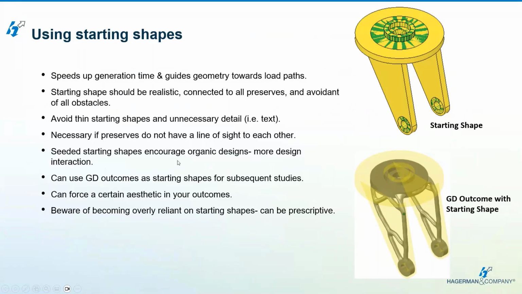And we can also use a starting shape. This is more like adding in a little bit of topology optimization, where I can say, okay, I have this legacy design.